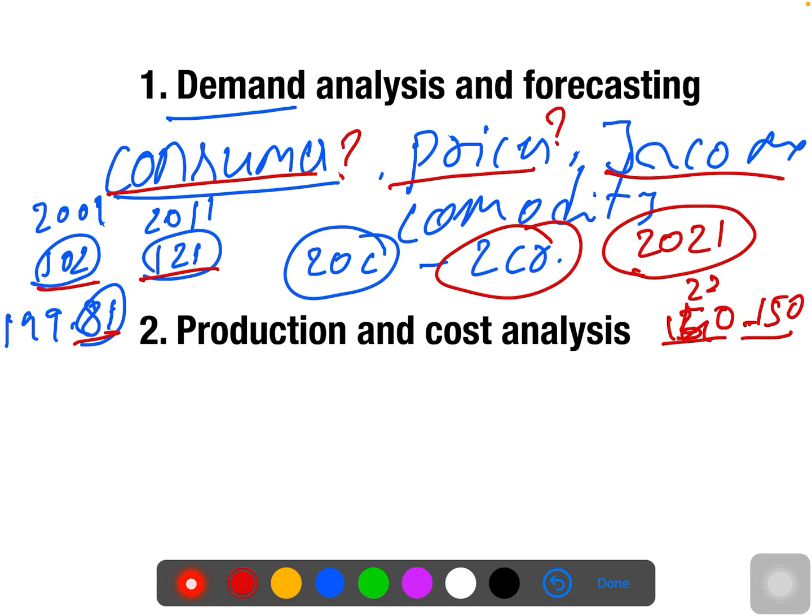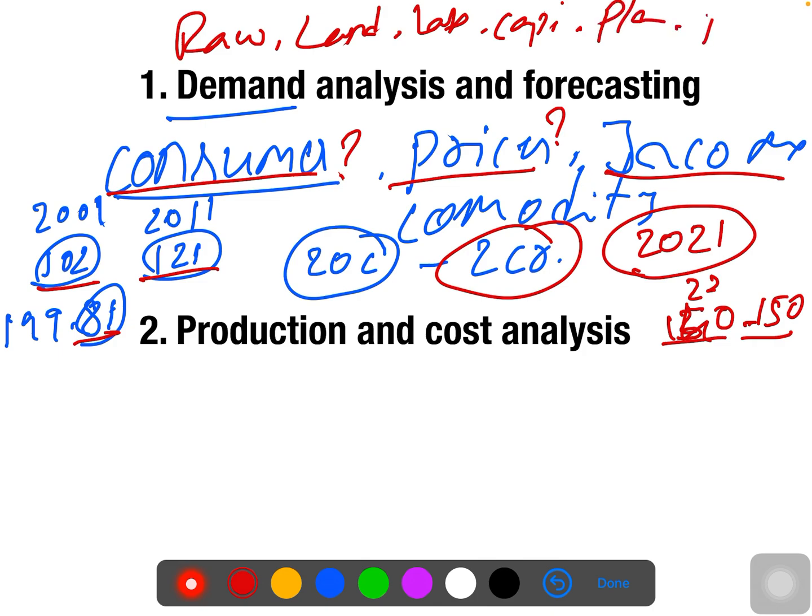Why do you have to prepare, and how will you be prepared? You will be prepared for the raw materials, if you need extra raw materials. You should be prepared for the factors of production: like land, do you need extra land? Do you need extra labor? Capital? Do you want to increase the size of a plantation? Do you want to increase production?